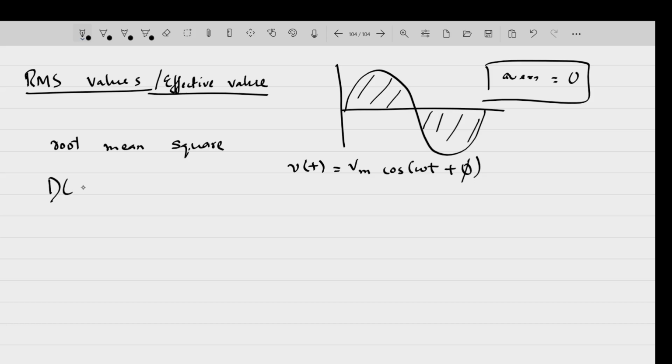So you can say it is the DC equivalent value of AC circuits. Now, whether it is voltage, current, or power, their DC equivalent, their DC analogous values is what is an RMS value.